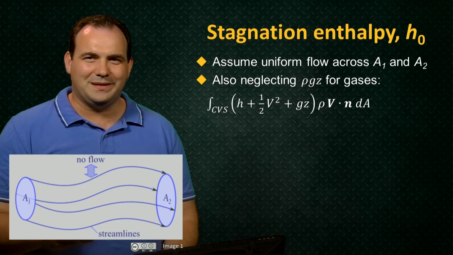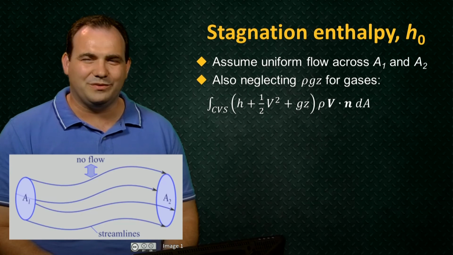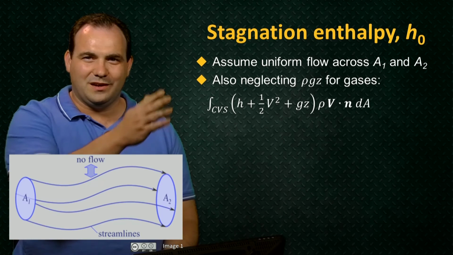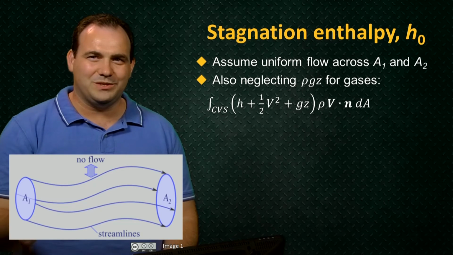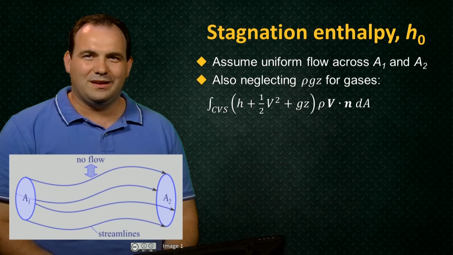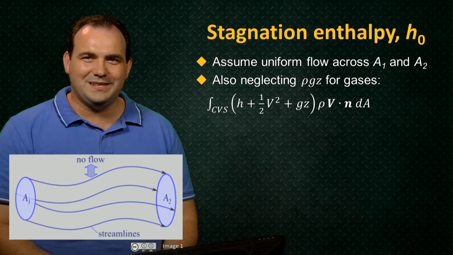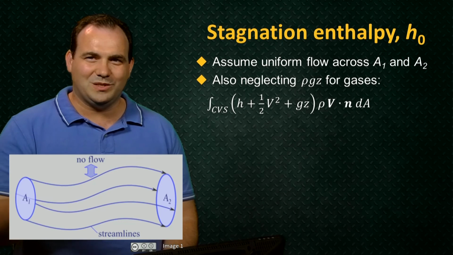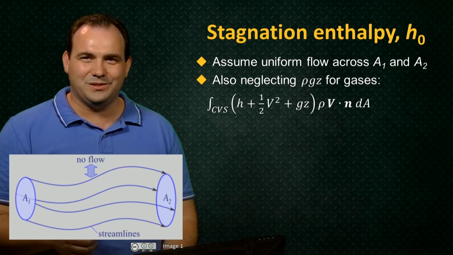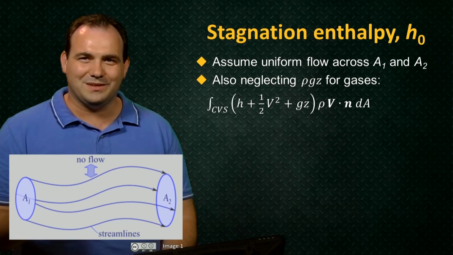So then let's look how we can simplify our integral of the flux across the control surface. We're only going to get contributions to this flux from the ends of our stream tube. This is because there's no flow across the top and the bottom. Now, because we've assumed that we've got uniform flow across those planes, basically all we need to do is multiply h plus a half v squared at A1 and A2, and then multiply them by rho times v dot n times those areas.